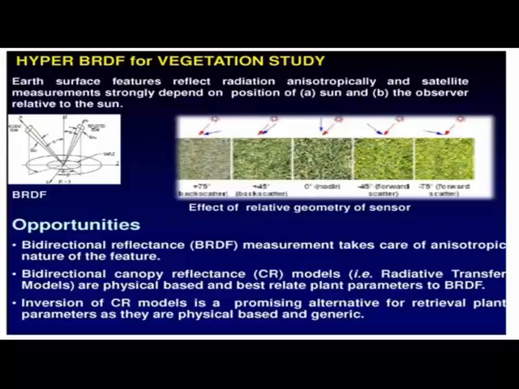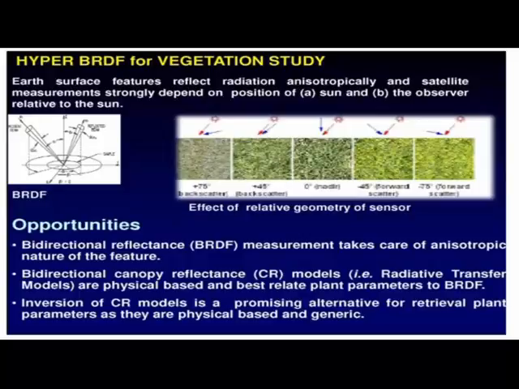So that reveals how anisotropic any earthly feature is. So the relative position of the sun and the observer or sensor matters a lot with respect to what parameter you are studying, and how the radiation is getting affected with respect to the plant parameters.